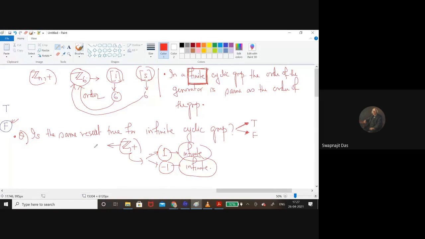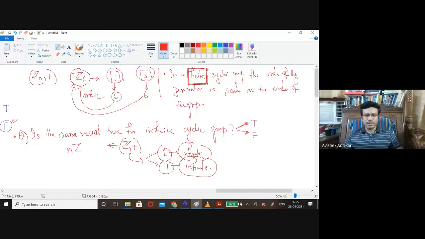Say nZ. What is n? If I put n equal to 0, then will that be an infinite cyclic group? No, said n belongs to natural numbers.